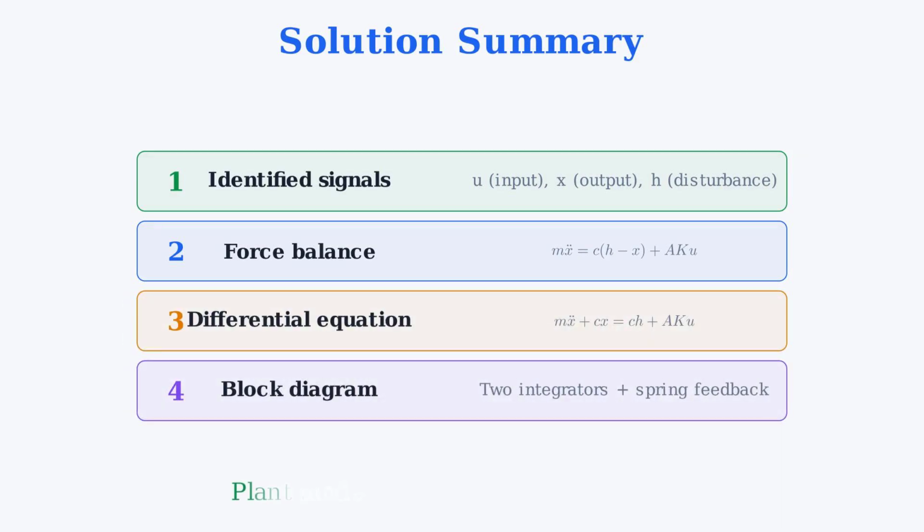We identified 3 signals: input voltage U, output displacement X, and disturbance road height H. We applied Newton's second law to write the differential equation: m x double dot equals c times h minus x plus A K U. And we translated this equation into a block diagram with 2 integrators, a feedback loop for the spring, and 2 input paths for the control voltage and the road disturbance. This is a complete plant model ready for controller design.